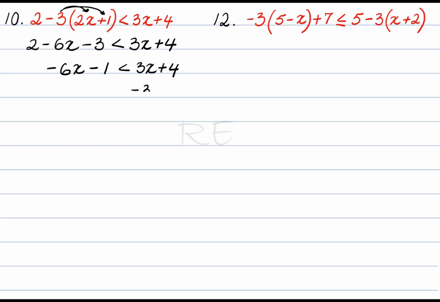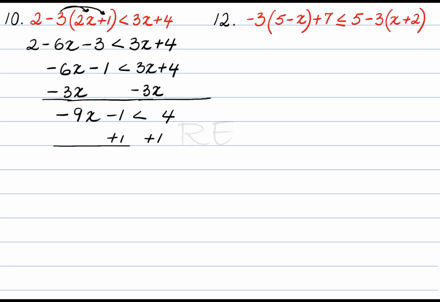Strictly less than 3x plus 4, minus 3x from both sides, -6x plus -3x, -9x, minus 1, strictly less than 4. We add 1 to both sides, -9x less than 5.